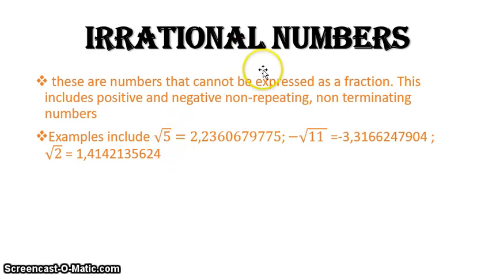When we say non-repeating, we mean the decimal number after the comma, like 2.236065606679775. These are non-repeating numbers. We obtained them from the square root of 5.